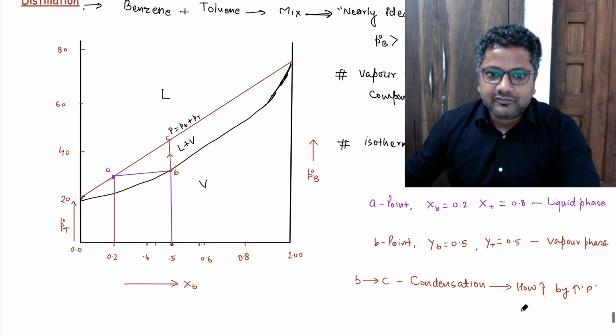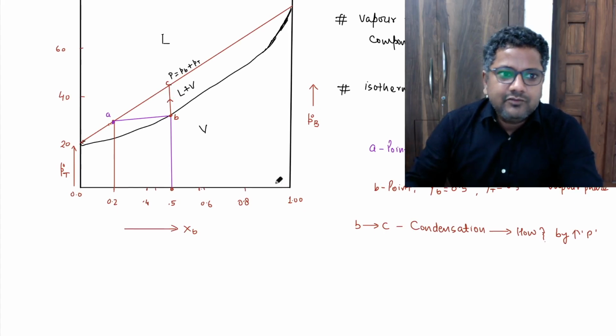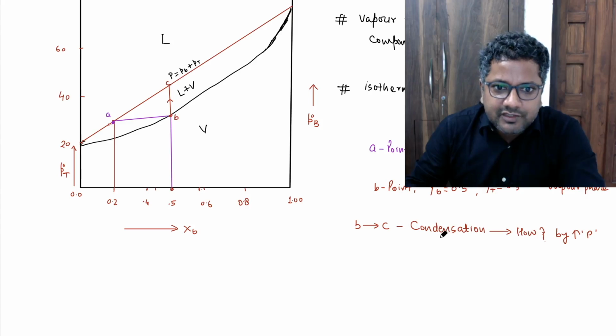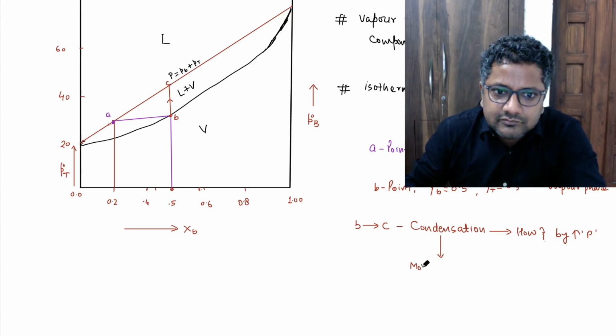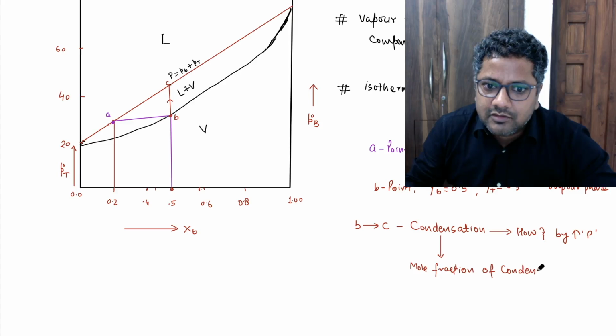Now after condensation, what will happen? When B to C, you are condensing the vapor. So what should be the new mole fraction of the condensate?